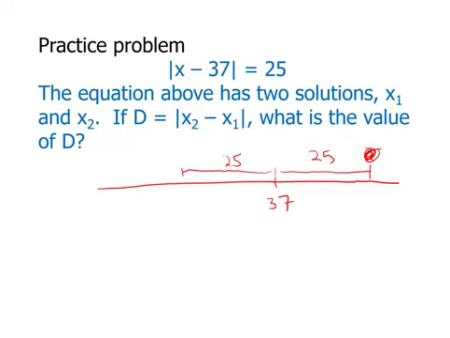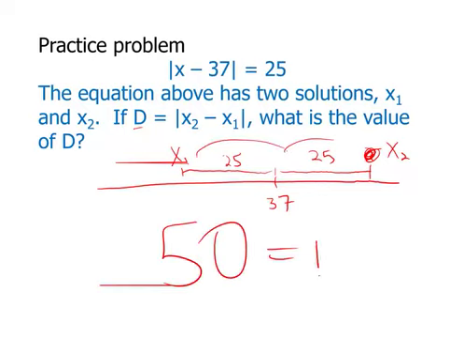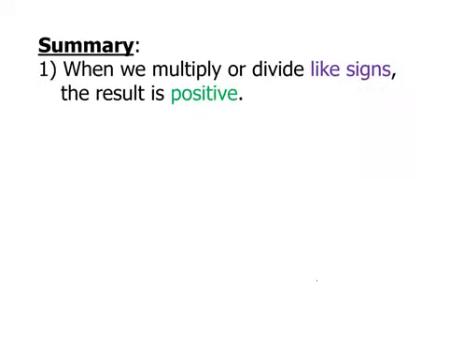We don't care about that location. All we know is that this is x1 and this is x2. Well, what's the d? It is the distance between x1 and x2. Well, that is just 25 plus 25, which is 50. And so d equals 50.